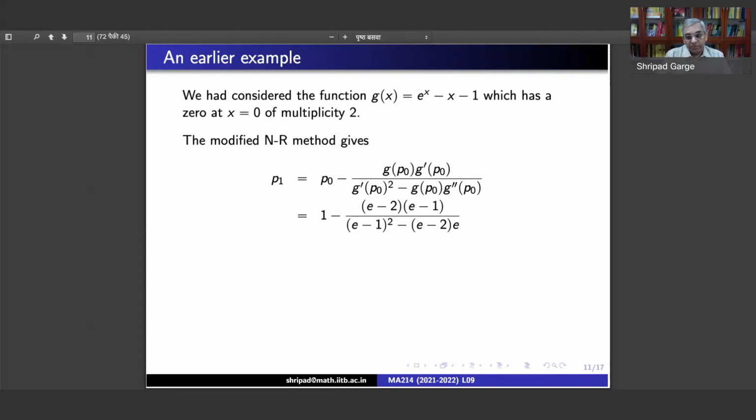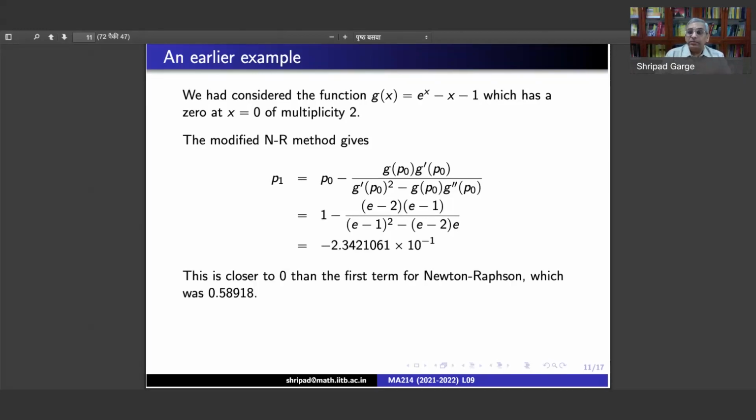Our P0 is 1. And this gives you minus 2.3421061 into 10 power minus 1. So this is closer to 0 than the first term for Newton-Raphson, if you remember, which was 0.58918. So the modified Newton-Raphson method is giving you better results.